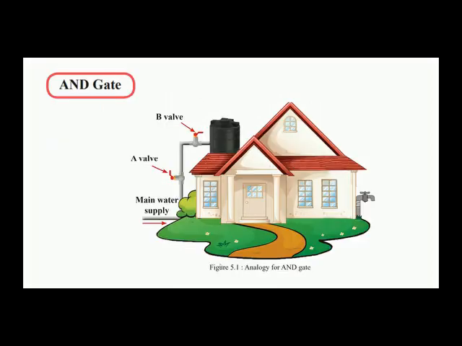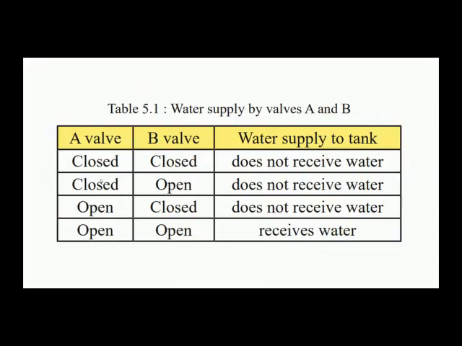If any one of the valves is closed, the tank does not receive water. In order to supply water to the tank, we need to open both valves. That is the logic behind the AND gate.